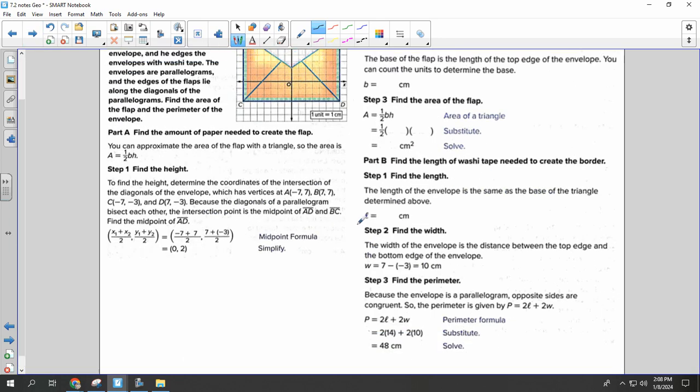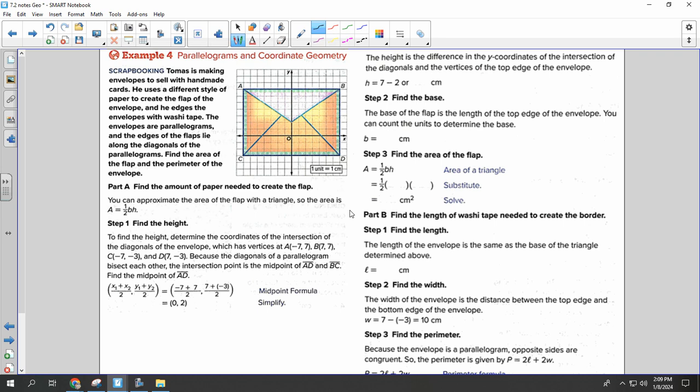We're going to take a look at this example for our little scrapbooking. Tomas is making envelopes to sell with handmade cards. He uses a different style of paper to create the flap of the envelope, and he edges the envelopes with washi tape.